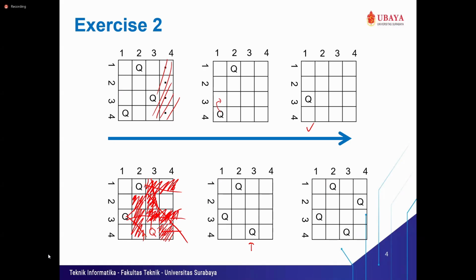So there's only one more possible place to place the fourth queen, which is here. Finish. None of the queens hit each other.